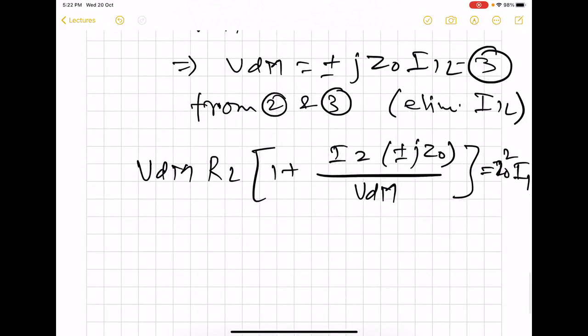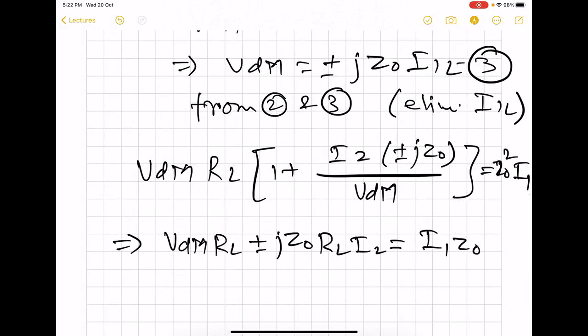So we can now rearrange them. We will get VDM RL plus minus j Z naught RL I2 is equal to I1 Z naught square.